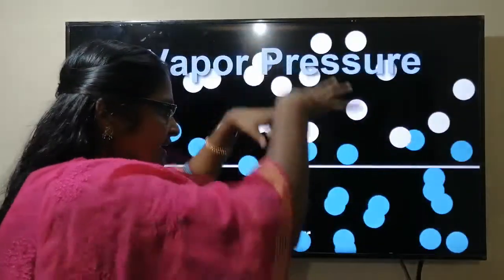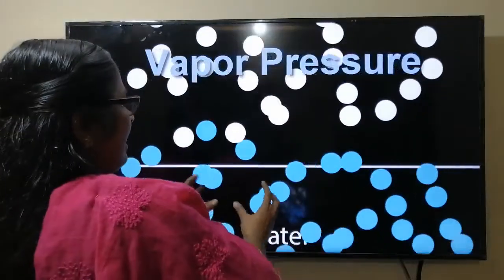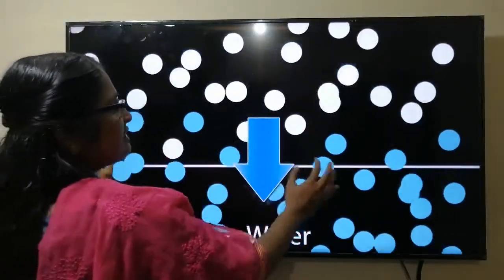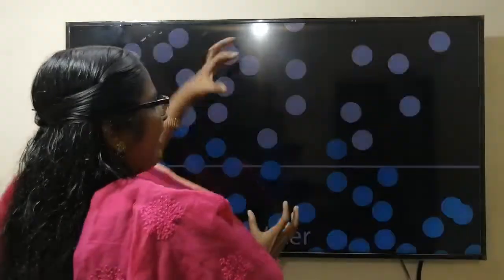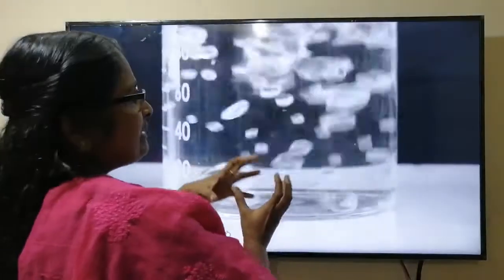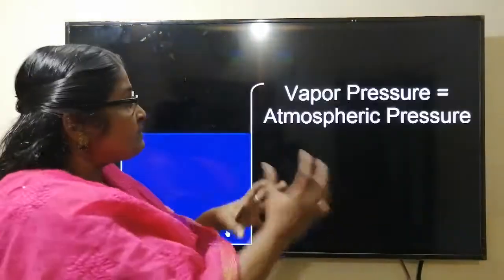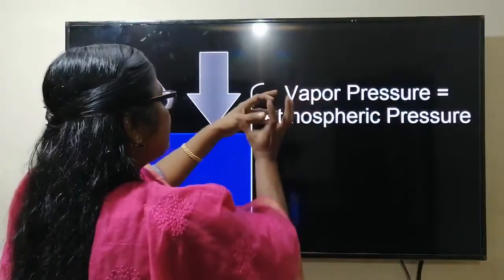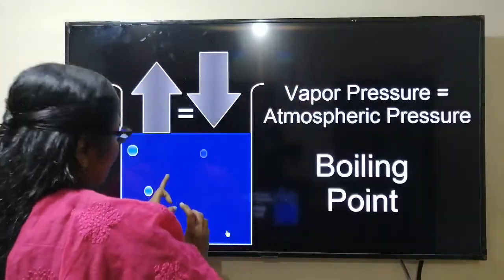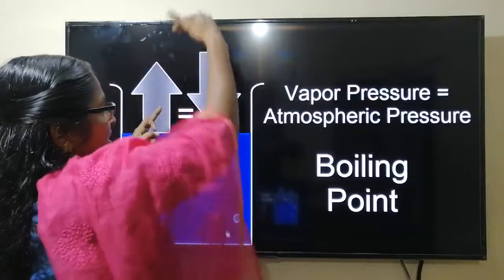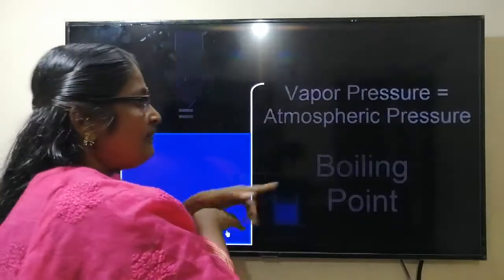So it will definitely exert a pressure downward, and the water particles at the surface try to evaporate. It starts boiling when the pressure exerted by the vapor and the atmospheric pressure become equal.